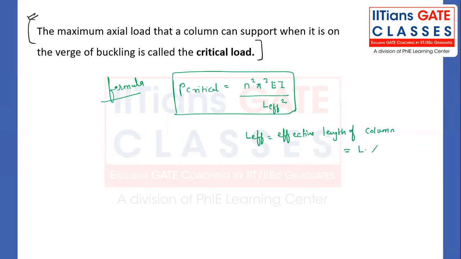That is called L into alpha. Alpha is nothing but the end fixity coefficient. That means it depends on the end conditions. So many types of support we have: fixed support, pin support, free support, that means there's no support also. So we will discuss one by one, right? And we are taking them as 1, 2, 3.